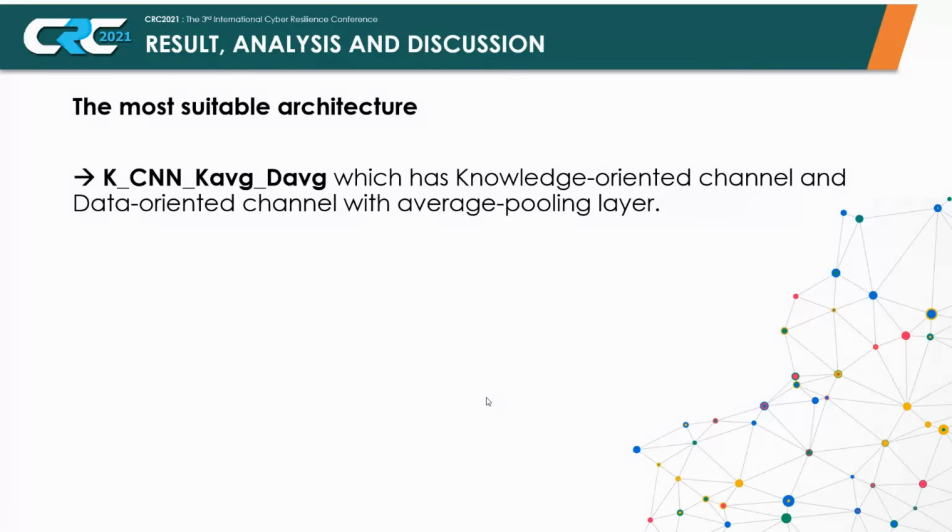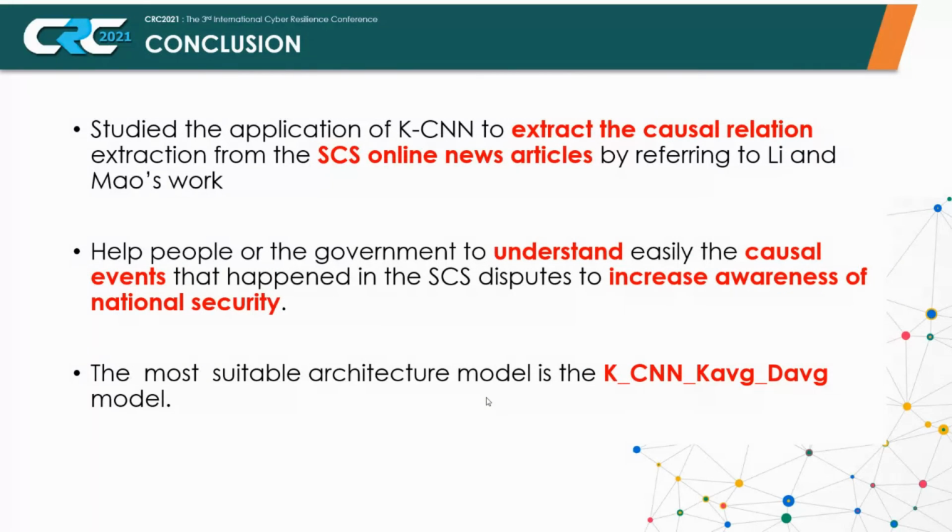So the most suitable architecture to extract causal relations from SCS online news articles is the KCN model with a knowledge-oriented channel and data-oriented channel, with both channels using the average pooling layer. In conclusion, this research has studied the application of KCNN to extract causal relations from SCS online news articles.